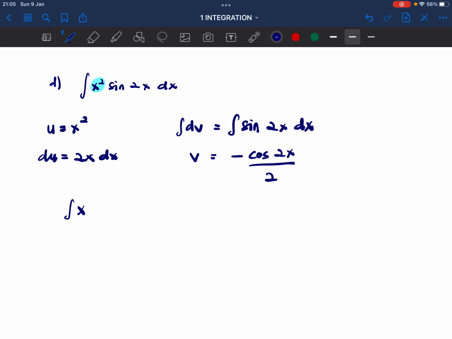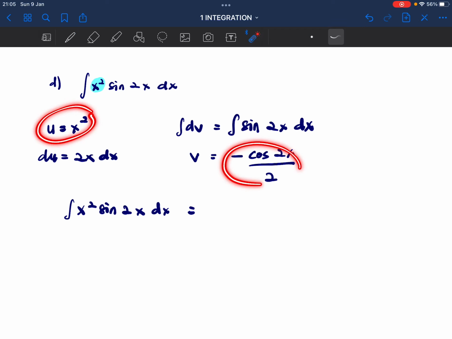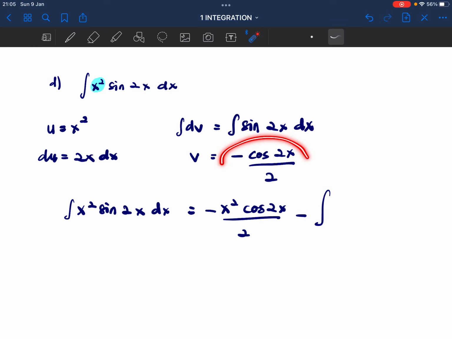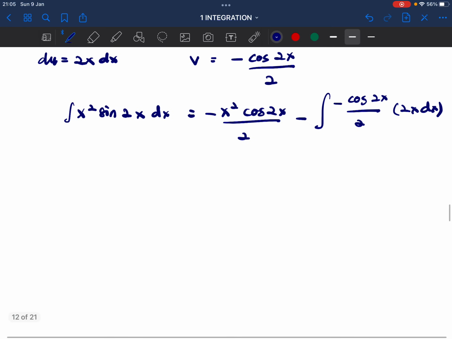Now just sub into the formula. We will have x squared sine 2x dx is equals to, the formula is u times v, so that will be negative x squared cos 2x over 2, minus integrate v du, so negative cos 2x over 2 times 2x dx. This part is settled, no need to touch it.